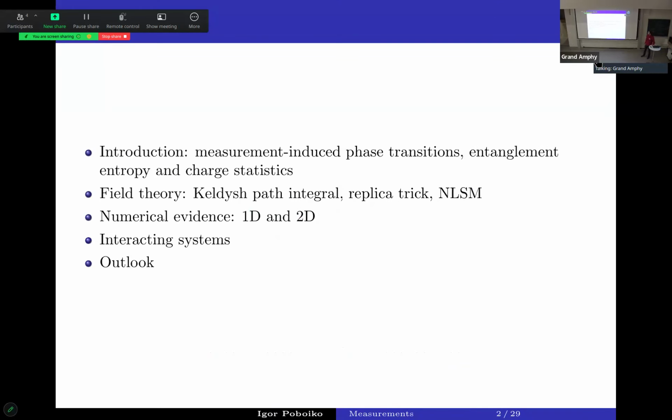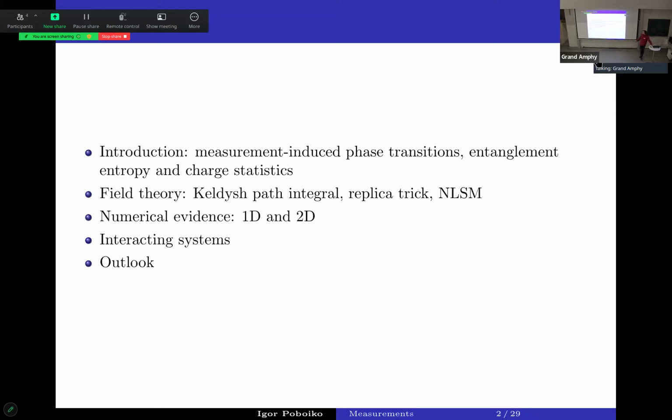Okay, so this is the outline of my talk. First of all, in somehow repeating what Adam was saying, but from a somewhat different perspective, I'll try to give a general introduction about the story of measurement-induced phase transitions, and namely the story about the monitored free fermionic case, which has some peculiarities as you could have gotten from the previous talk.